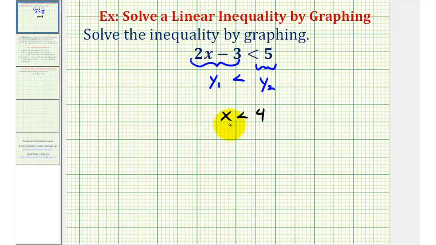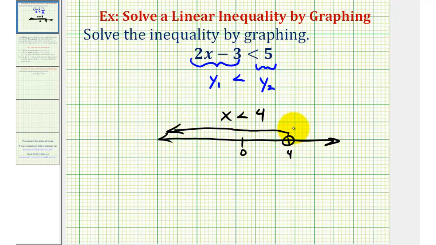But sometimes we're also asked to express this solution on the number line as well as using interval notation. So let's go ahead and show that as well. If we want to graph x is less than 4, we would have a number line. We would have an open point on 4, and because x is less than 4, we'd have an arrow to the left.